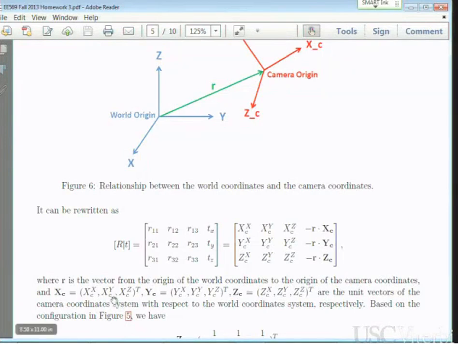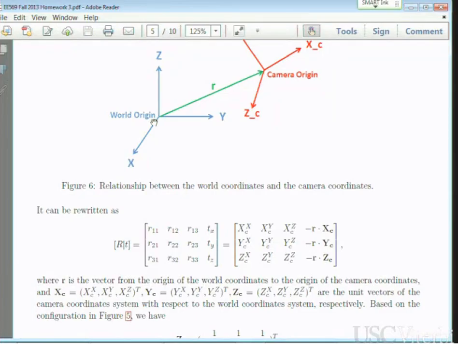We use the world coordinate as the main thing, and the camera unit vector I call XC, with X, Y, Z subscripts meaning the XYZ components in 3D. So this will be the projection along the X direction, the projection along the Y direction, and the projection along the Z direction. Through this kind of translation, you are able to move here back to here. Do you agree?